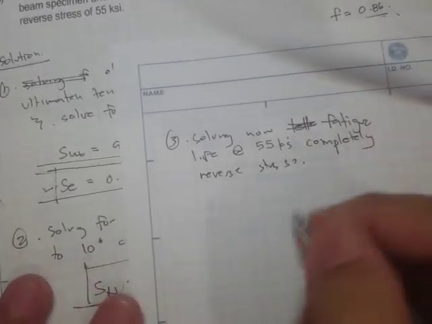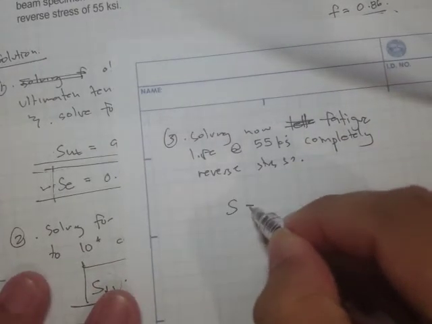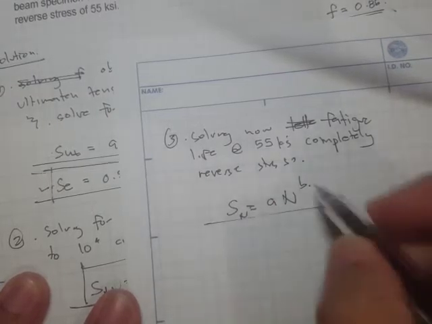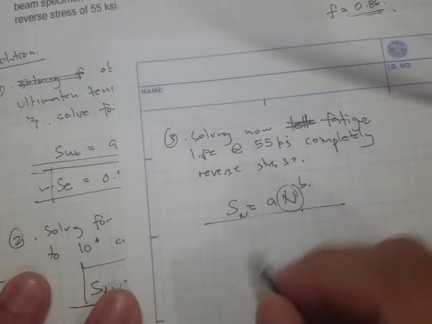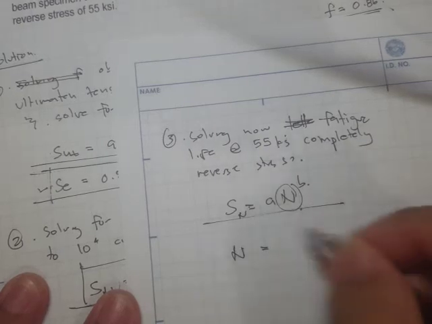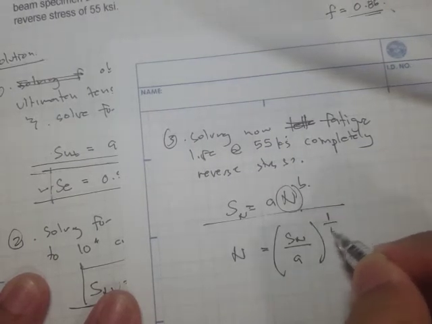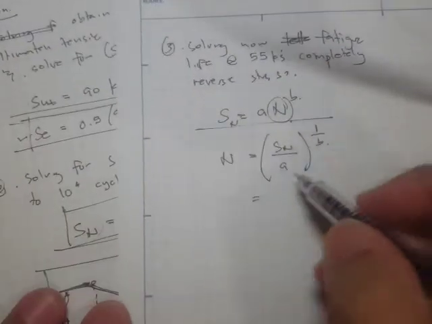Okay, so our equation again is still the same. This is A times N to the B, but we are going to solve for N, right? So for N, this is just simply Sn all over A raised to 1 over B, right?